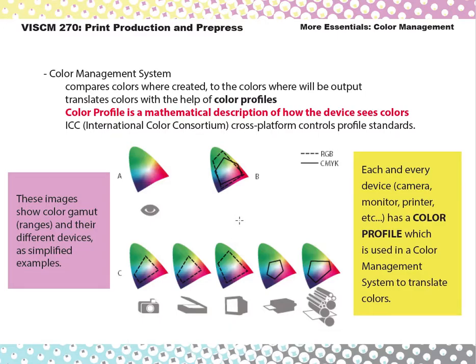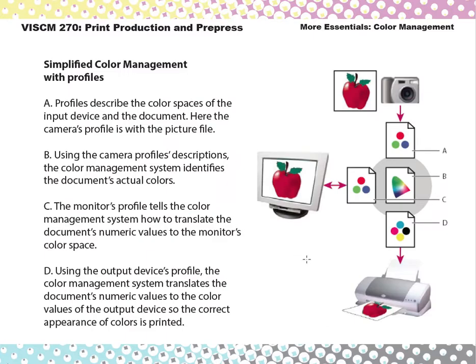So to kind of show how that might work, here's a simplified color management process. I've got a digital camera. I go take a picture of an apple. That apple has a profile assigned to it from the camera. So I want to send that image to my monitor.